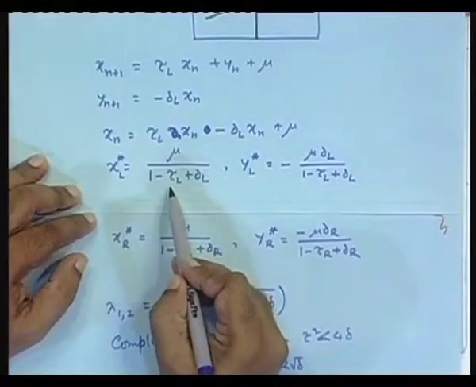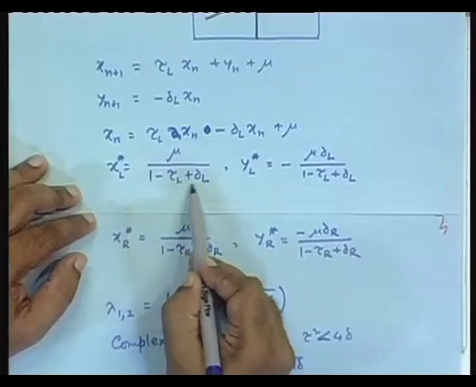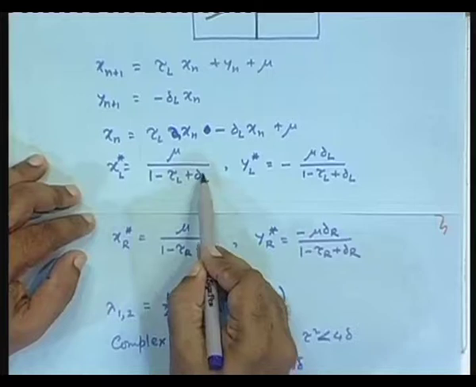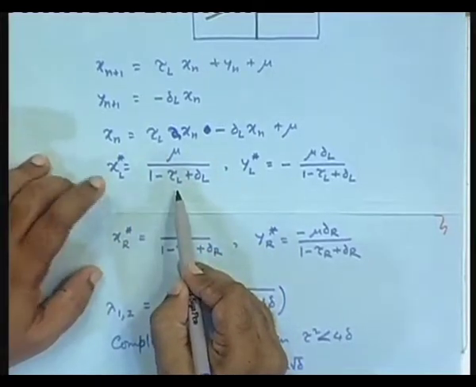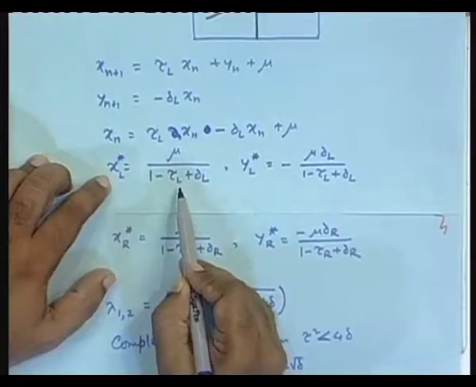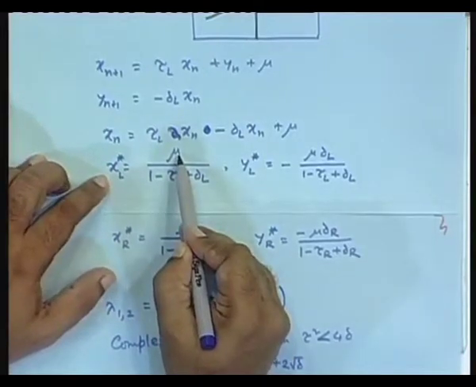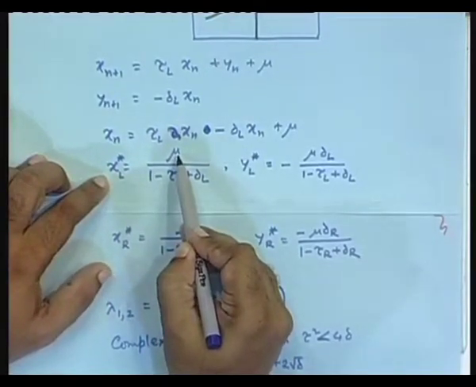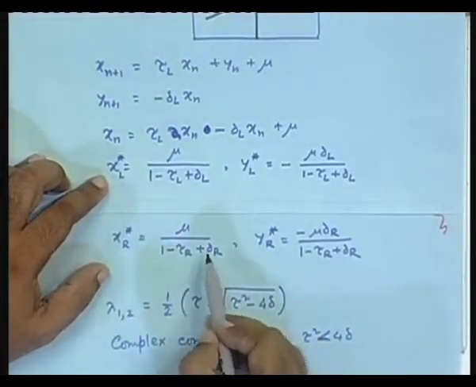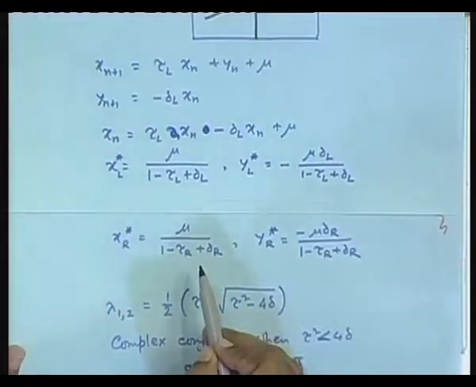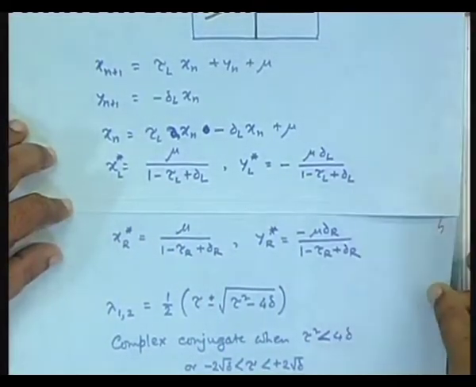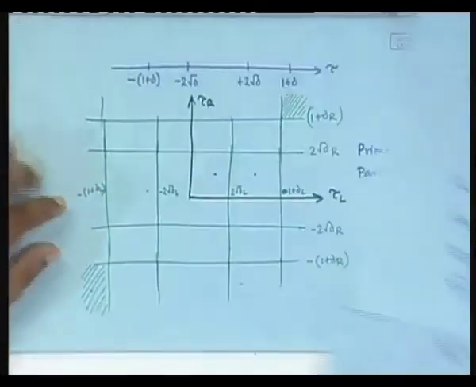Tau L greater than 1 plus delta L means this term is negative. This term is negative means this fixed point, the left fixed point, will exist only if mu is positive. Okay. Now let us look at the right fixed point. Tau R was, let us look at it again.